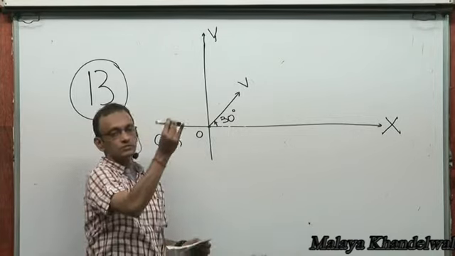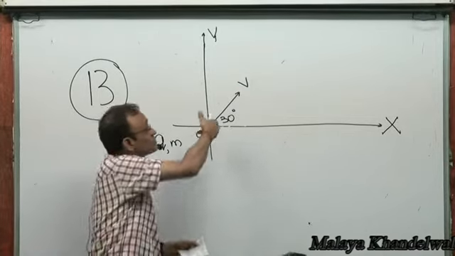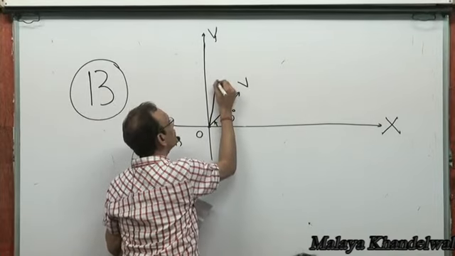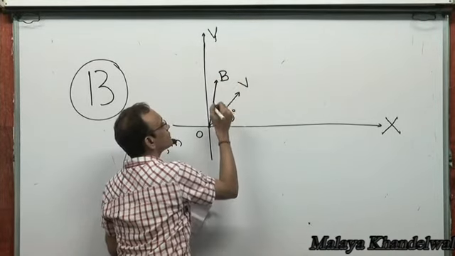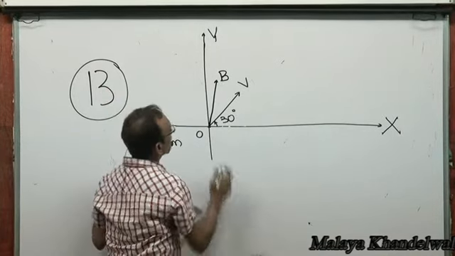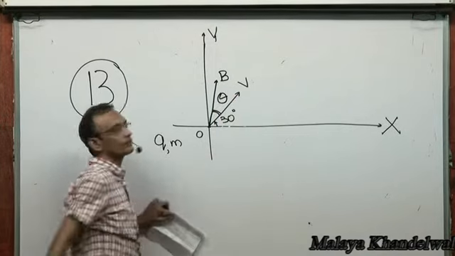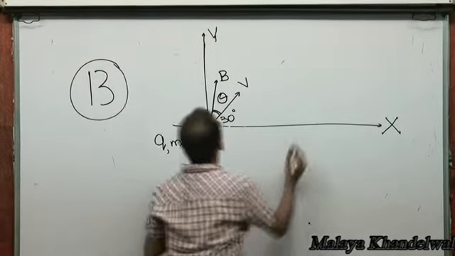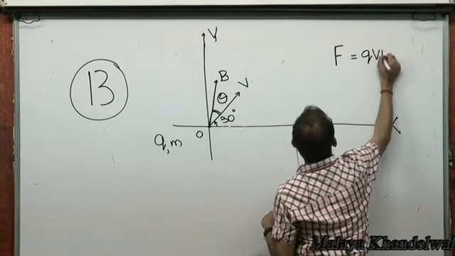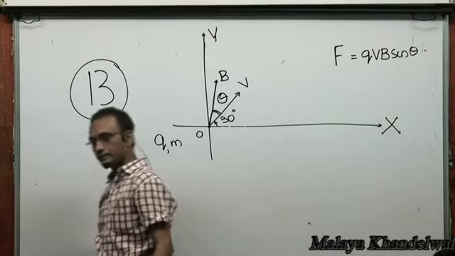That means V cross B is like this. Very clearly B must be something like this, so that V cross B comes out of the plane of the board. Yes or no? And say the angle between V and B is theta. So it experiences a force F, whose magnitude would be qVB sin theta, coming out of the plane of the board.